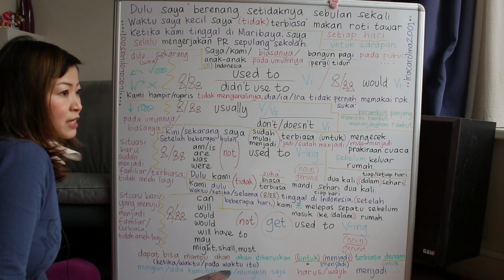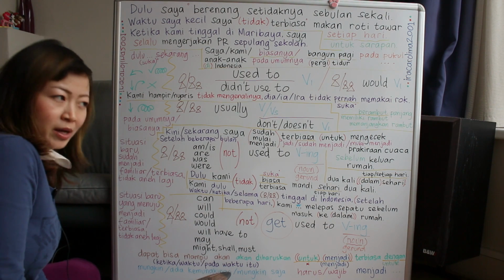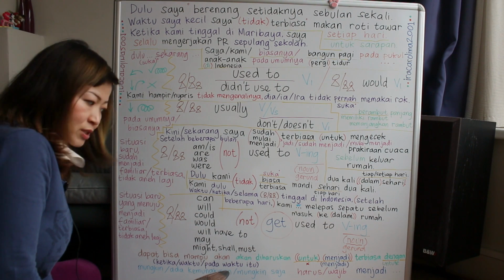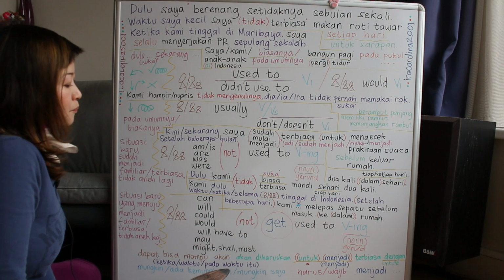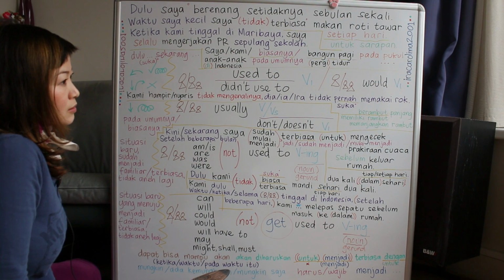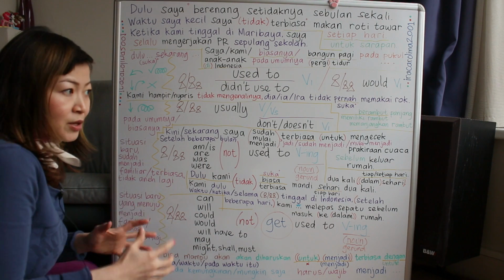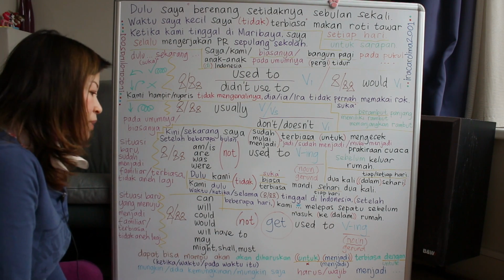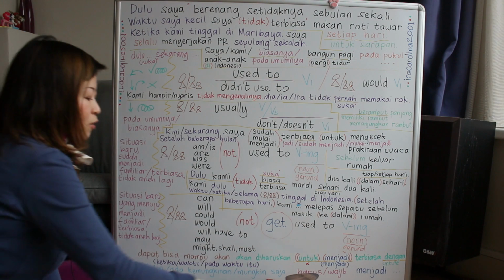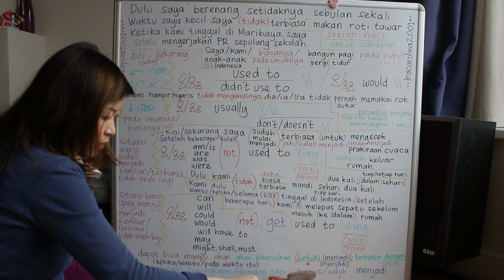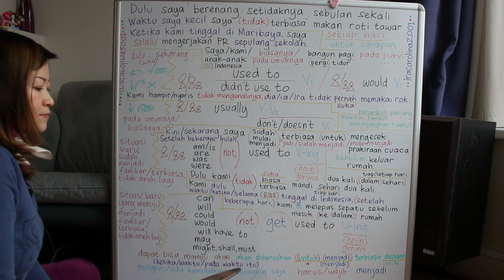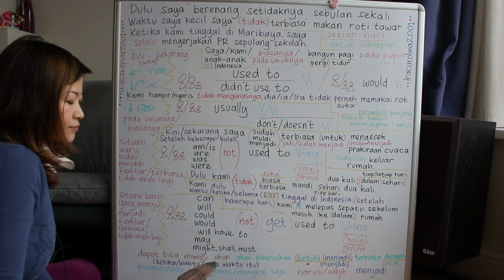In English, when you say required, requirement is stronger than must. It's really strong when you say requirement or required. But in Indonesian, when you say wajib, it can overlap with must, harus.